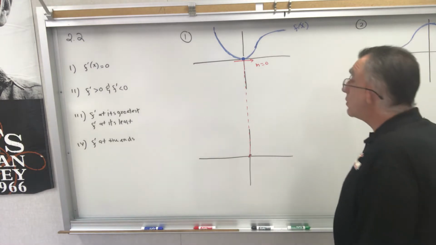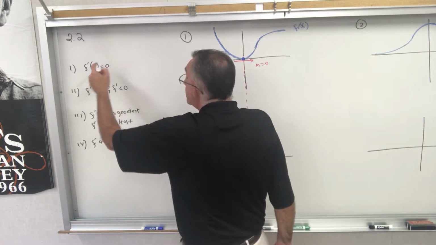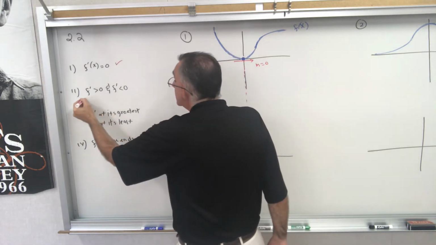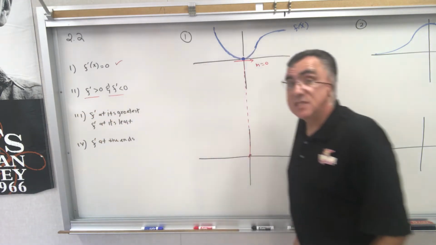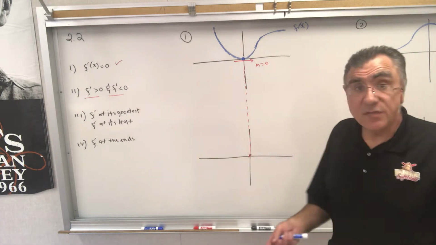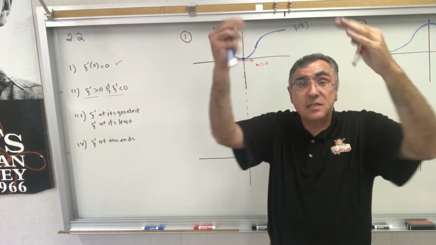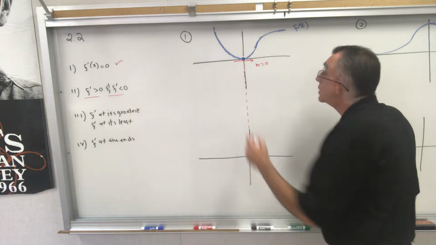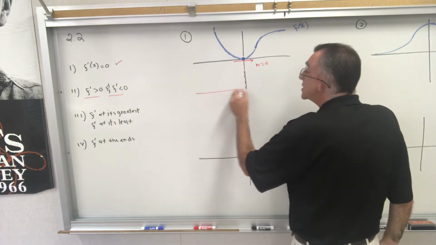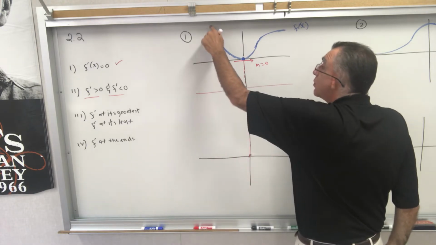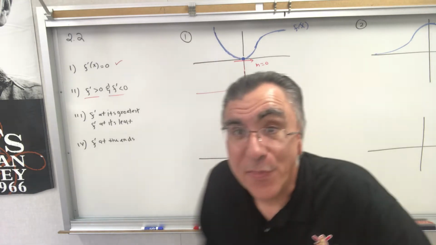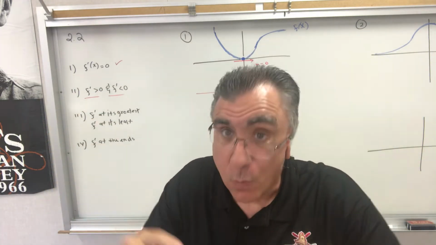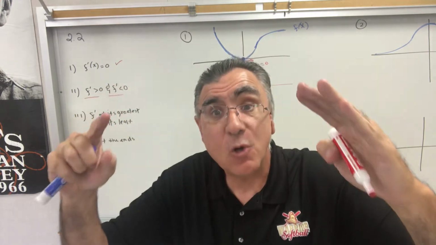Now, notice that's the first step. And the second thing you're going to do is notice when the derivative is positive and when the derivative is negative. Because if the derivative is positive, it's got to be above the x-axis. If the derivative is negative, it's got to be below the x-axis, okay? Notice that when the graph goes down, its slopes are negative. When the graph goes up, the slopes are positive.